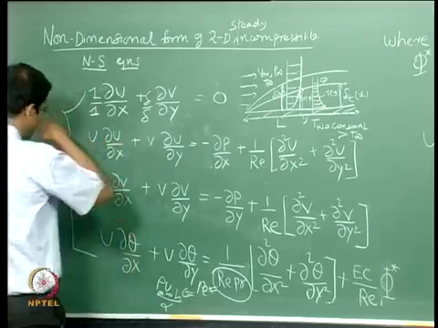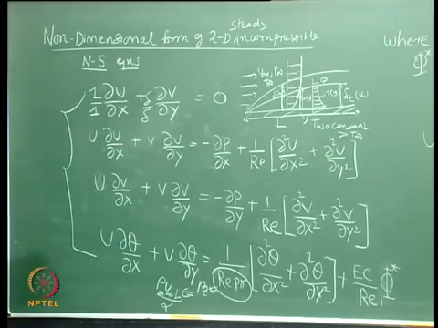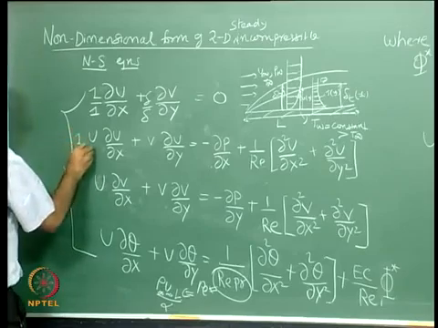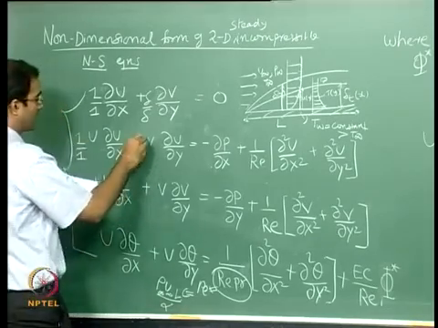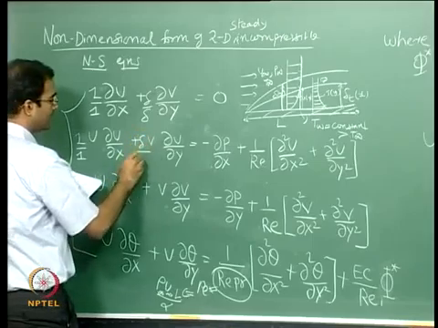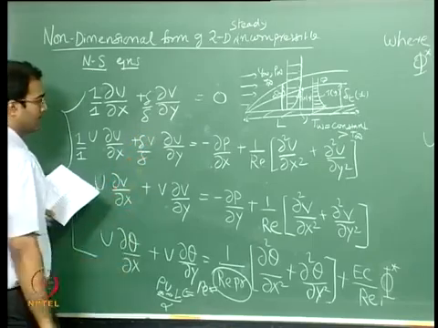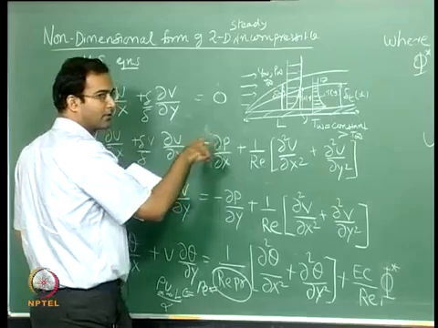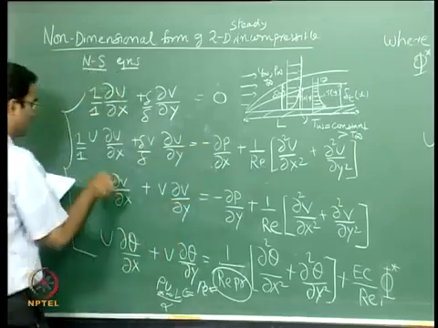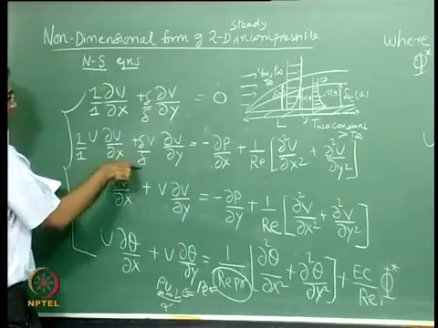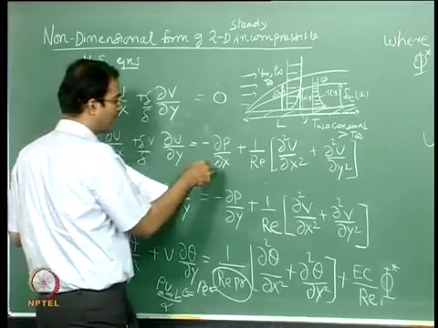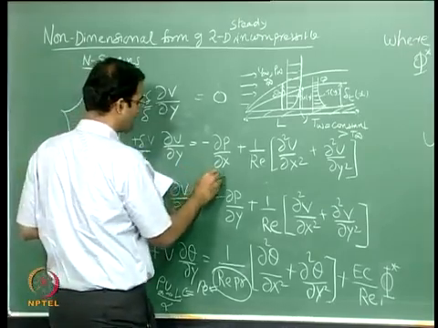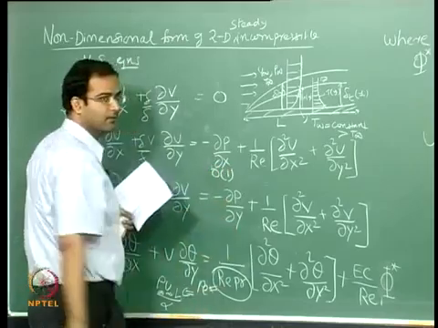So coming to this term, u into du by dx, u is of the order of 1 by 1. Here this is of the order of delta by delta, we don't know the order of magnitude of this, but you can quickly see that the order of magnitude of these two are the same, which is of the order of magnitude 1. Therefore in order to balance, this should be of the order of magnitude 1.